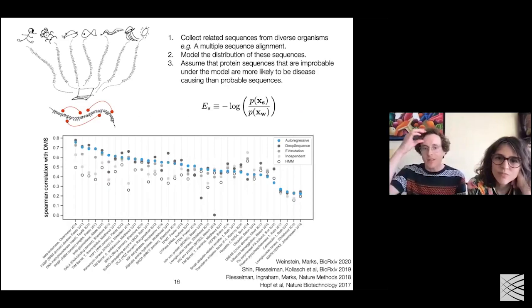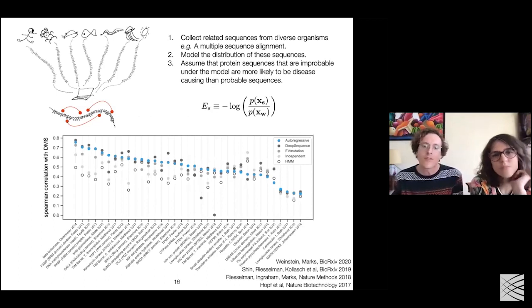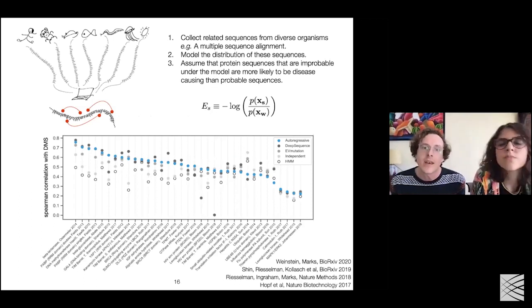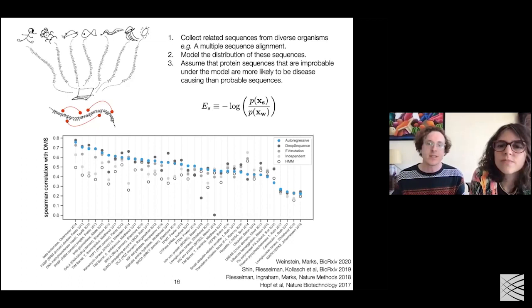Now, fortunately, this brings us squarely to what is becoming the bread and butter of the Marks lab. June just gave us a very nice overview. There have now been quite a few methods developed in the lab based around the idea that for a given problem, we collect sequences, in this case multiple sequence alignments relating to some sequence of interest, and then we train a model to fit the distribution of these sequences.